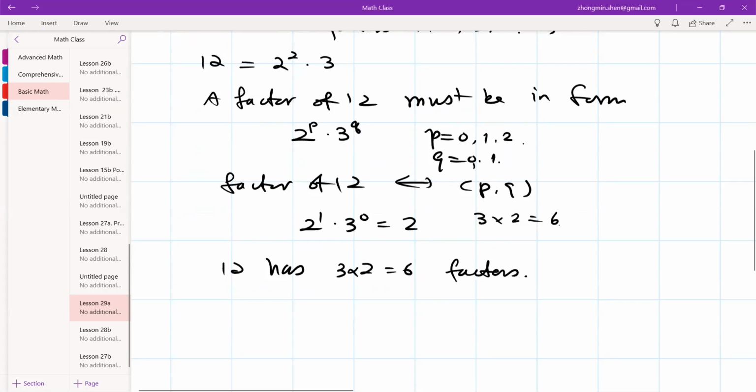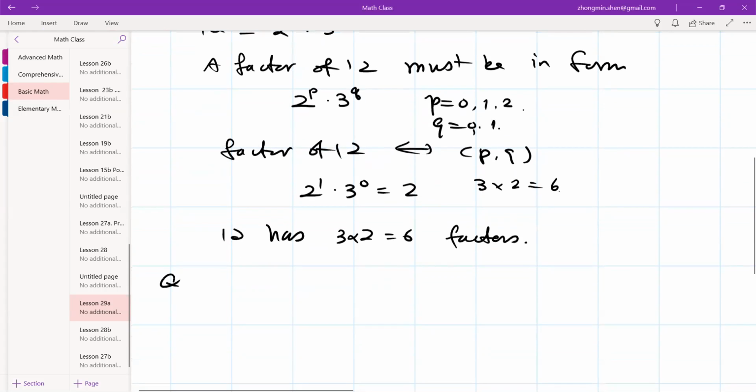Okay, so let's have a question. How many factors does 45 have?